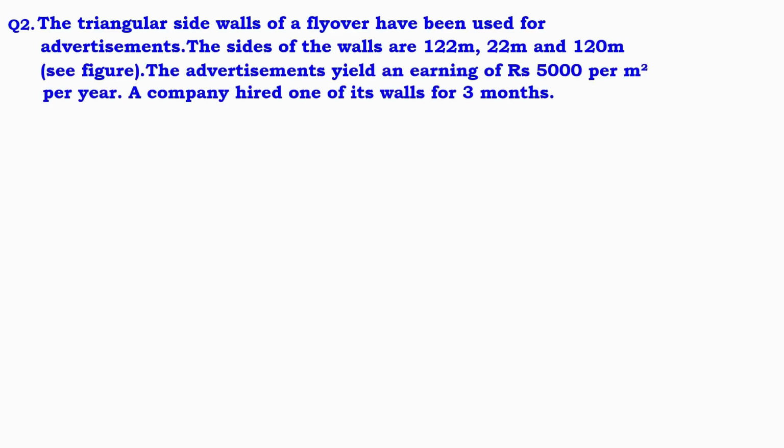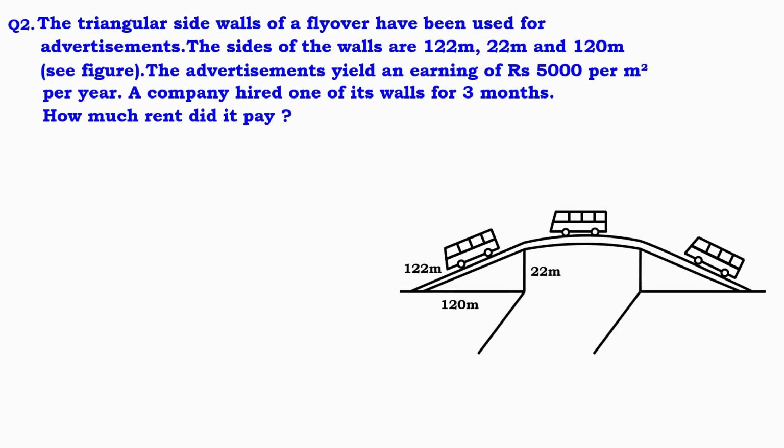Now the next question. The triangular side walls of a flyover are used for advertisement. Okay. The sides of the walls are 122 meter, 22 meter and 120 meter. So let us check the figure, then you will understand.